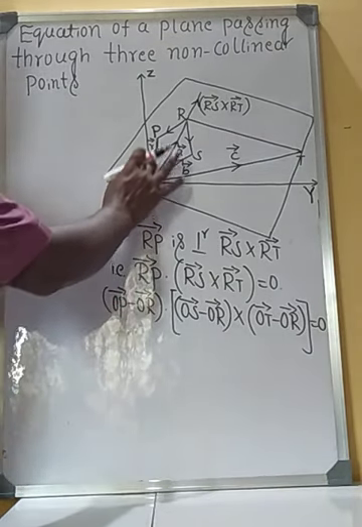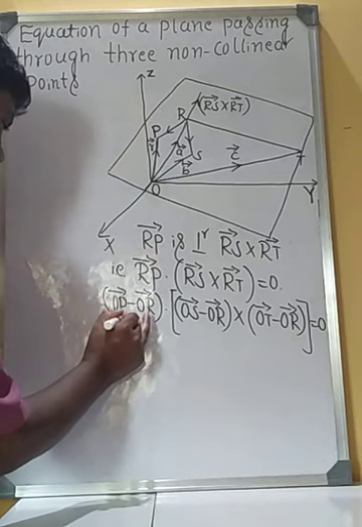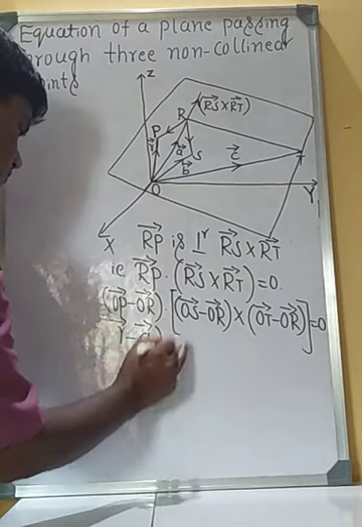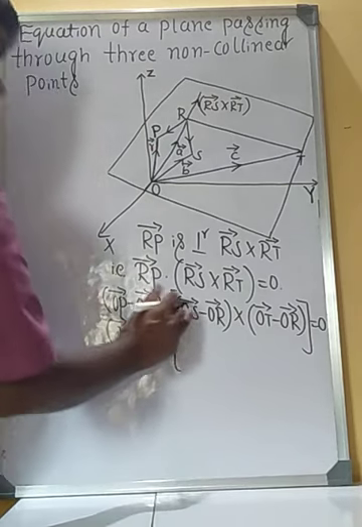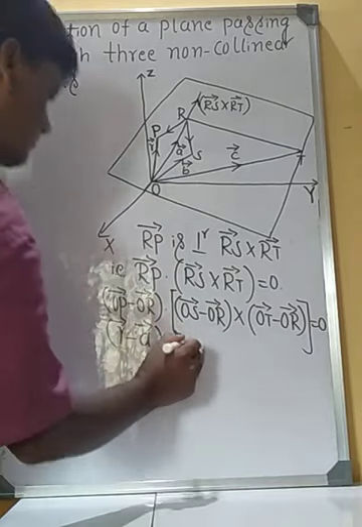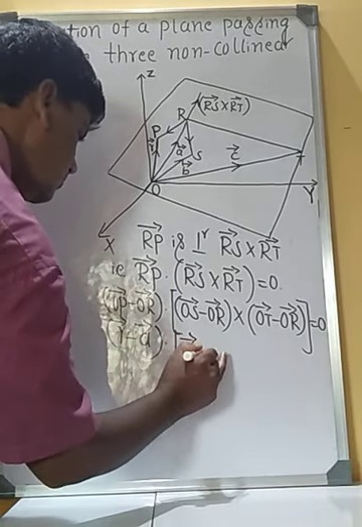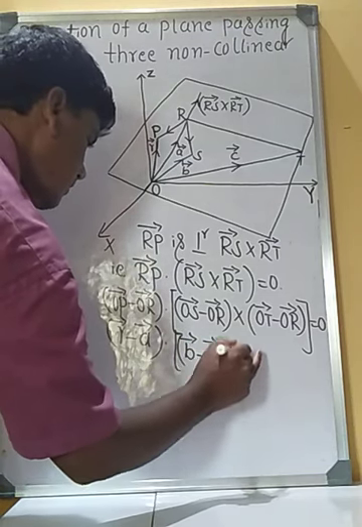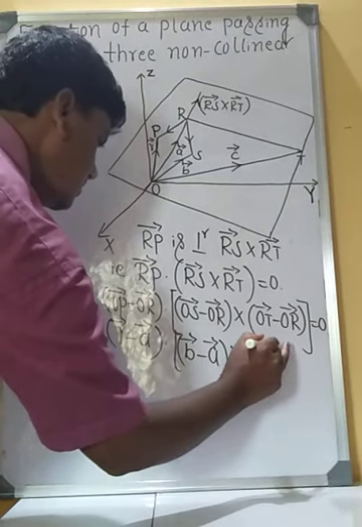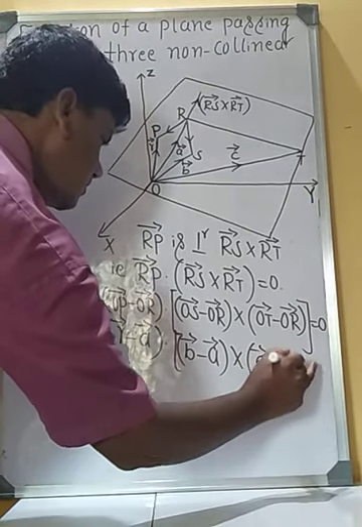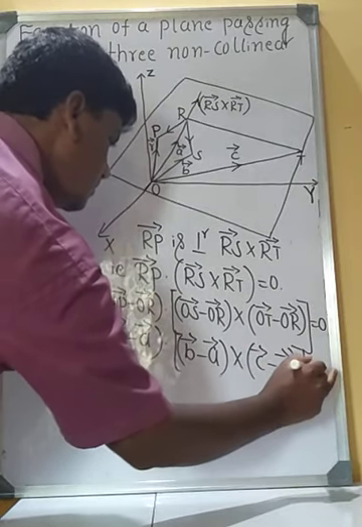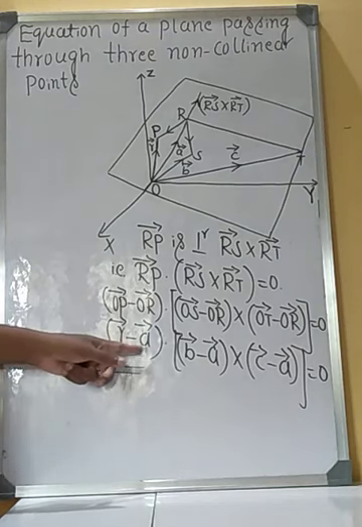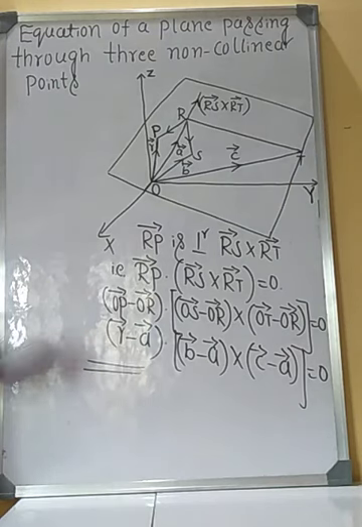OP is small r vector, minus OR is vector a, dot OS is vector b minus OR is vector a, cross OT is vector c minus OR is vector a, equal to 0. So this is the vector form of equation of a plane.